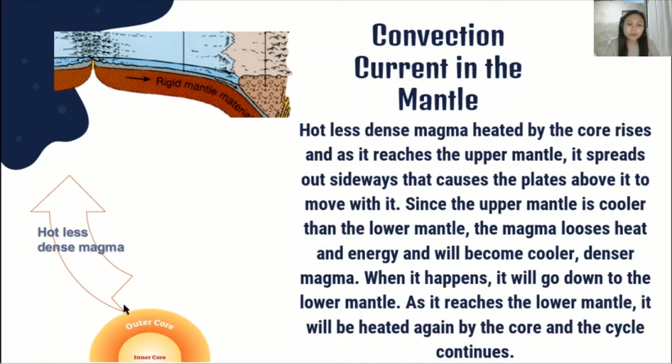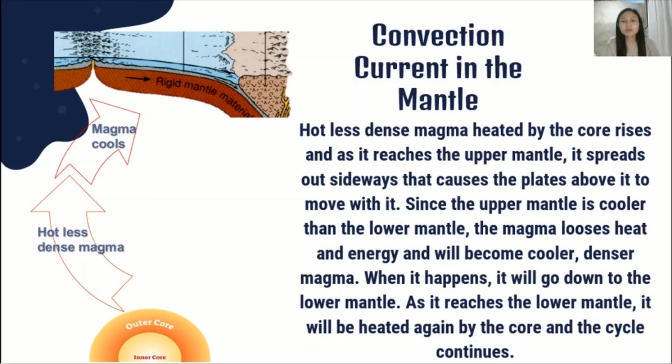Okay, when the magma absorbs the energy, it will become hot, less dense. Okay, and it rises up. When it reaches the mantle, it spreads out sideways. Yung kanina natin, sideways here in the oceanic ridge. And some of the magma will ooze up on the oceanic ridge and form new seafloor.